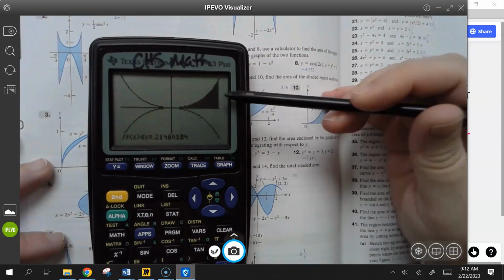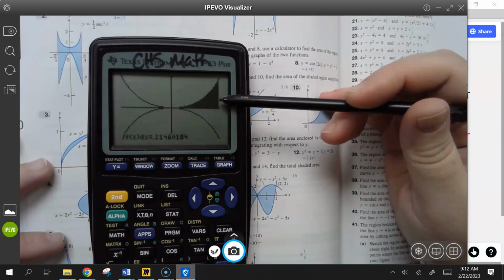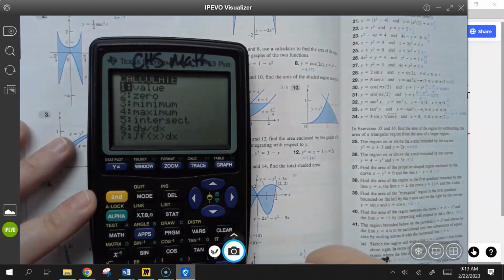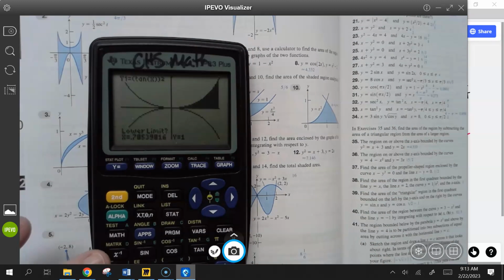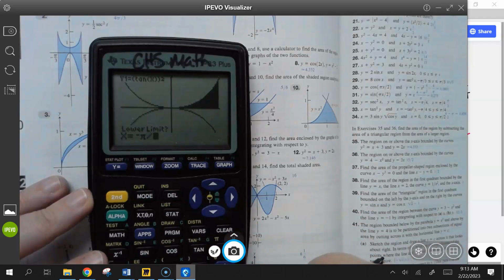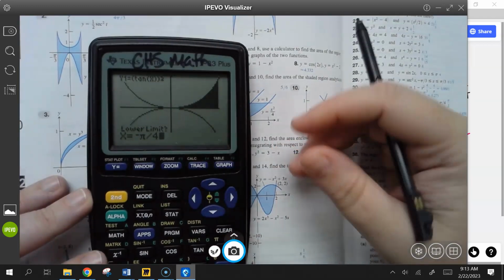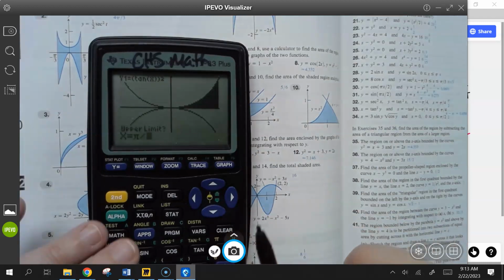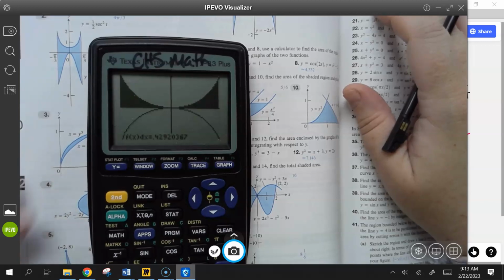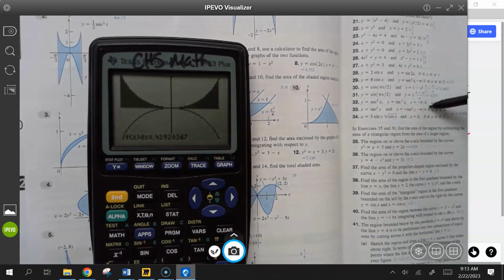I just did the integral from 0 to pi over 4. Yeah. Second calculate, 7. Lower limit. Or even if you want to, and just double it, do negative pi over 4. Trace. Second trace. And then go to pi over 4. Second trace 7. Double that. Yeah.